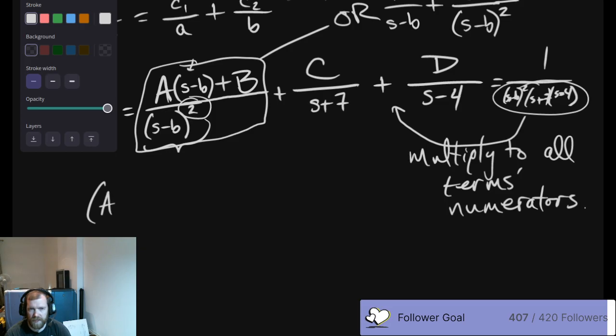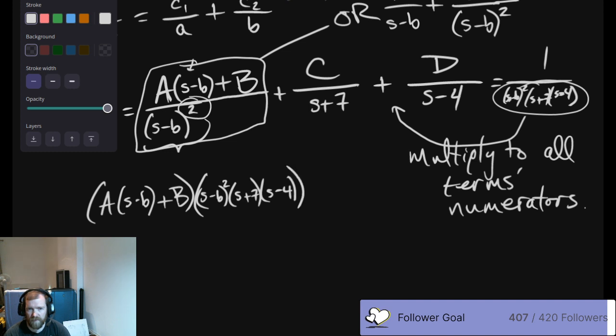So we've got a times the quantity s minus b, plus b, all multiplied by s minus b parentheses squared times s plus 7 times s minus 4, all over s minus b parentheses squared.